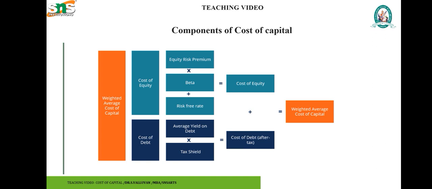Now let's see in detail, how does the risk-free rate affect the cost of capital? The risk-free rate is used in the calculation of the cost of equity, which influences a business's weighted average cost of capital. A rise in risk-free return will pressure the market risk premium to increase.